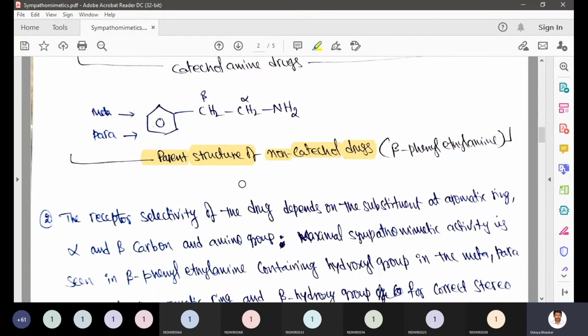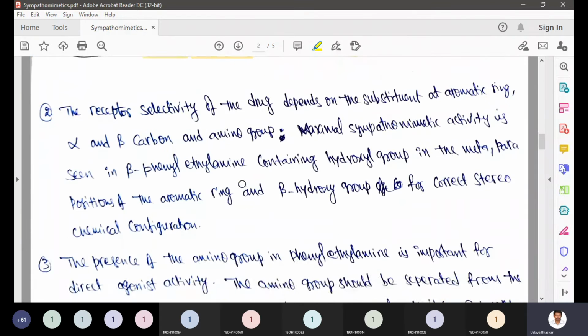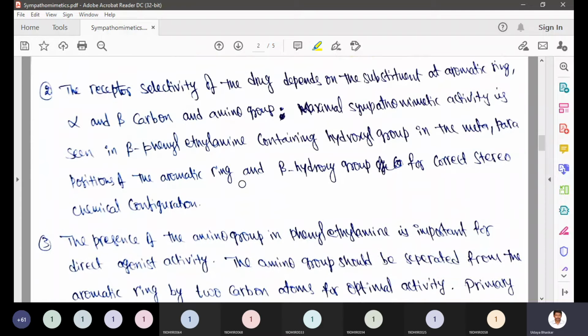non-catecholamine drugs. If you see the second point, the receptor selectivity of the drug depends on the substituent at the aromatic ring. The aromatic ring here is the phenyl ring. Based on the substituents present on the aromatic ring, the receptor selectivity will depend. Alpha and beta carbon and amino group.